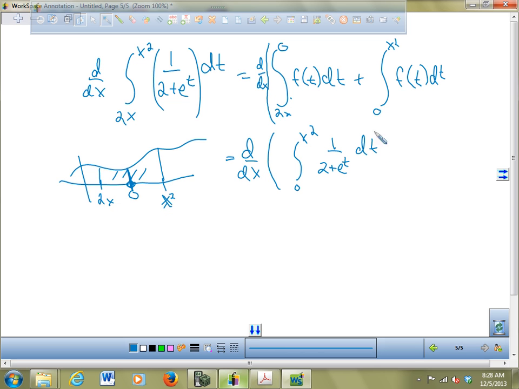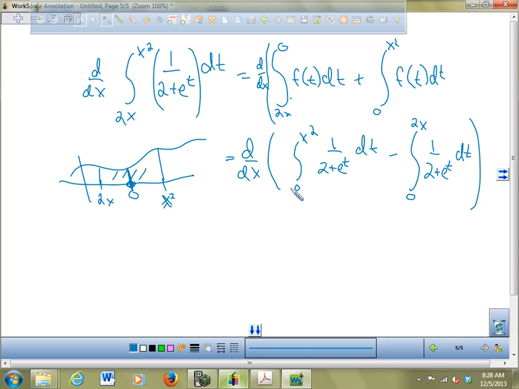And I'm going to flip this and make it negative, minus the integral from 0 to 2x, same thing, 1 over 2 plus e to the t dt. And then I just evaluate those two things at their various points.